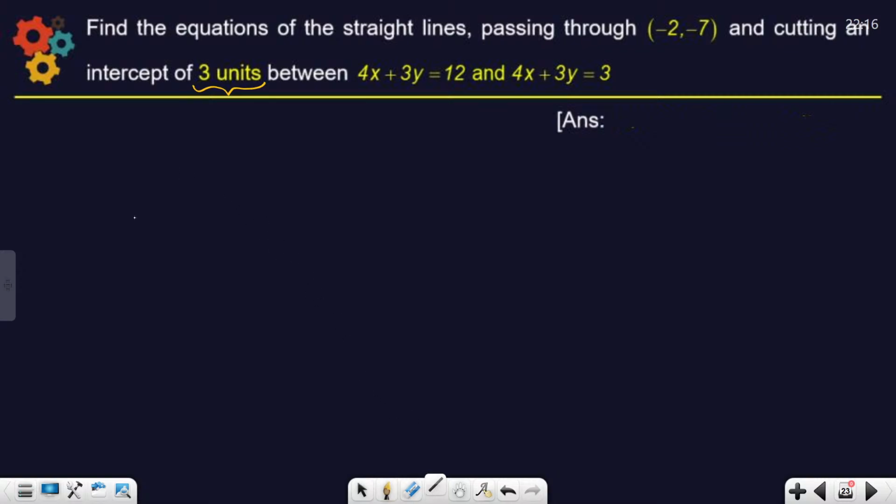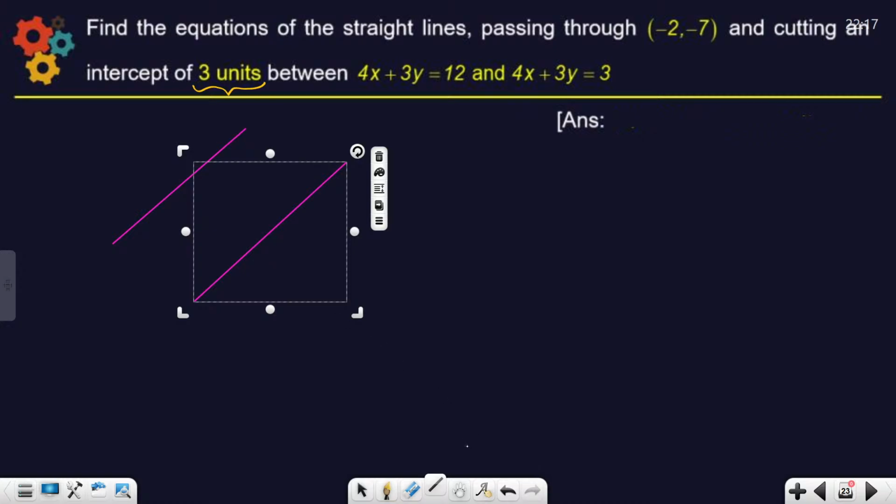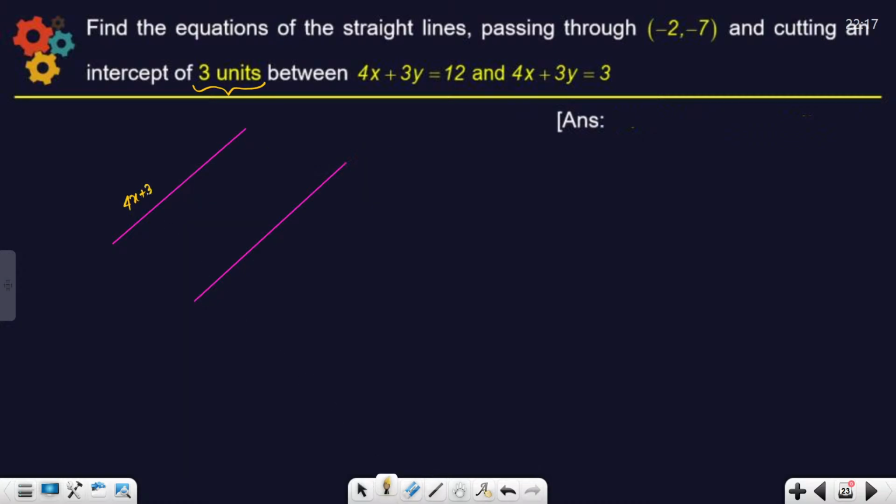What they have said, they have given you 2 lines. Let us say these are the 2 parallel lines they have given. Okay. Let me just take the equation of this line B and this line B 3. Is it clear? Now, there is a line passing through the point minus 2, minus 7.